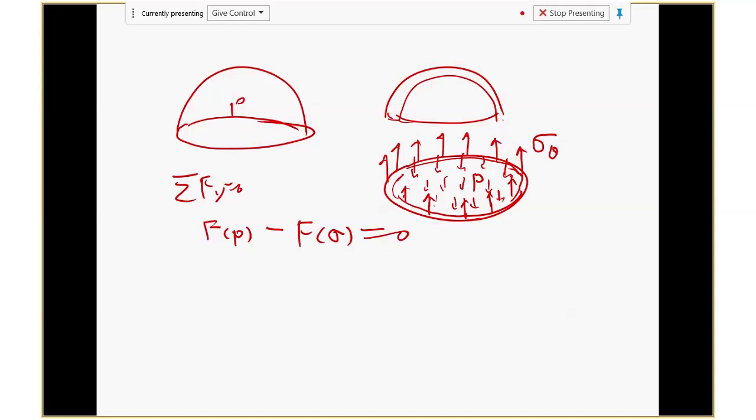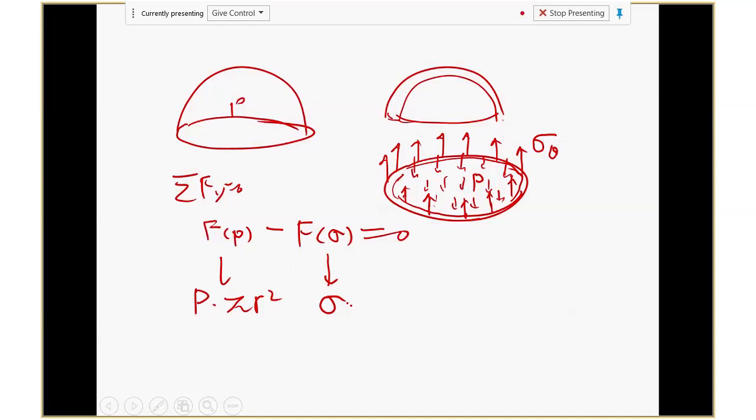Now, how can you calculate this? The force generated by the pressure should be P times the area. What's the area of this disk? Pi r squared. Now, how can you calculate the other one? It should be the stress times the area.